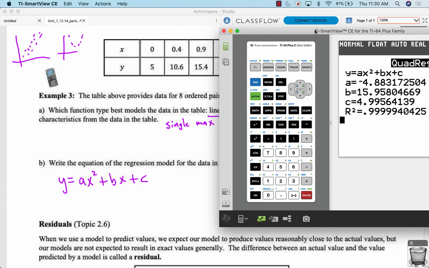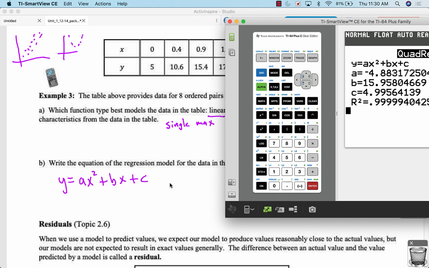what's my a? Negative 4.883. I think this thing's going to disappear on me every time. Take a picture of it.